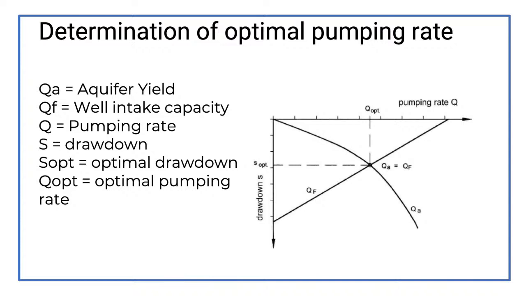We're looking for the optimal pumping rate and the optimal drawdown, and that's going to be where the aquifer yield and the well intake capacity intersect. That gives us our optimal pumping rate, which gives us our optimal drawdown. So that's really what we're looking at on a pumping test, and then we can pump at that rate, and we know we're not going to dry up the well.